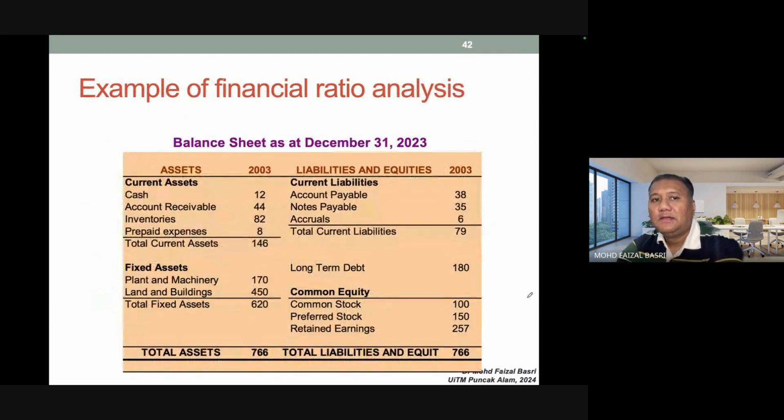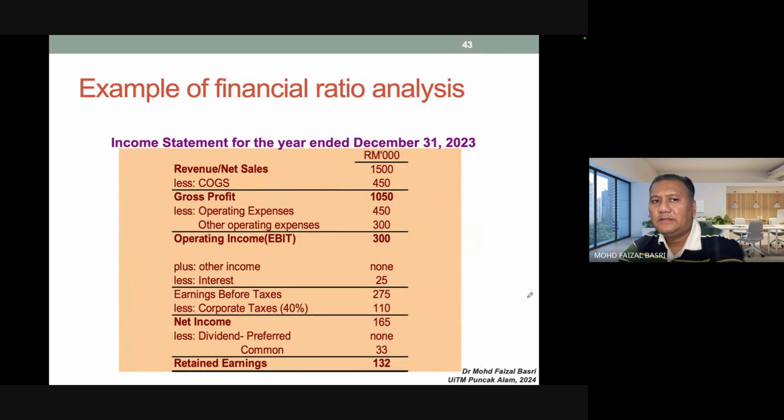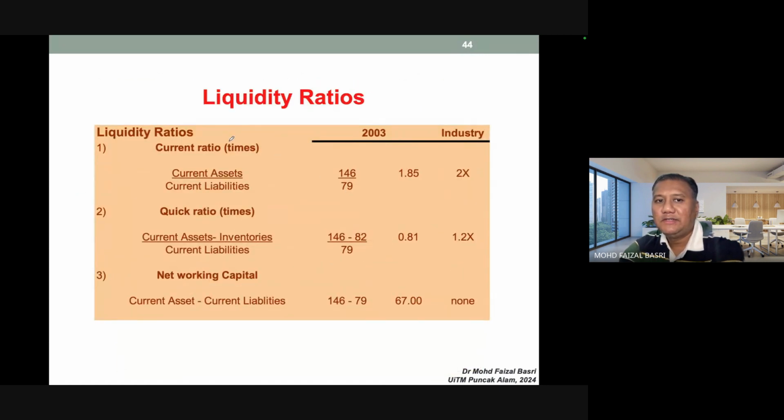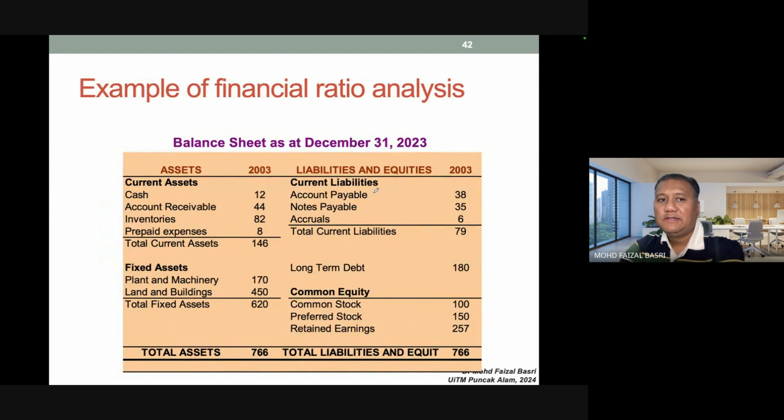Okay. So at the end kat belakang ni, you can dia ada example with both balance sheet dengan income statement dia bagi, and then dia ada ratio-ratio yang setiap satunya, and some answers jugalah. So contohnya dalam ni dia dah bagi current assets, dia dah letak 146, dan current liabilities pun dia dah bagi 79.